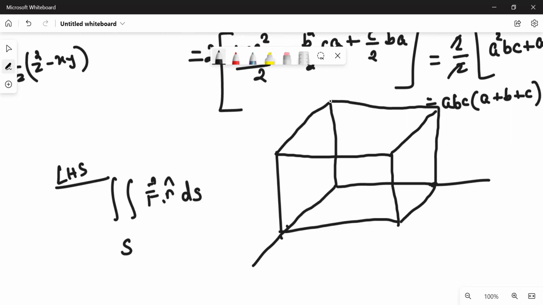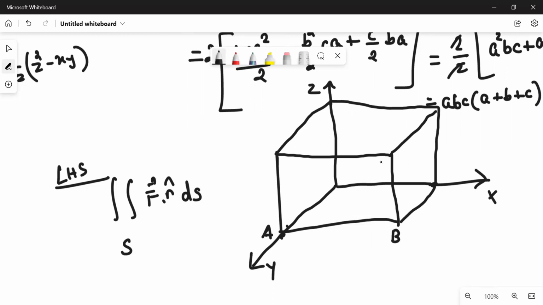So let it be x axis, this is y axis, this one is z axis. So each surface is a rectangle. Let us mark the surfaces. Let it be A, this one B. The marking is our wish.